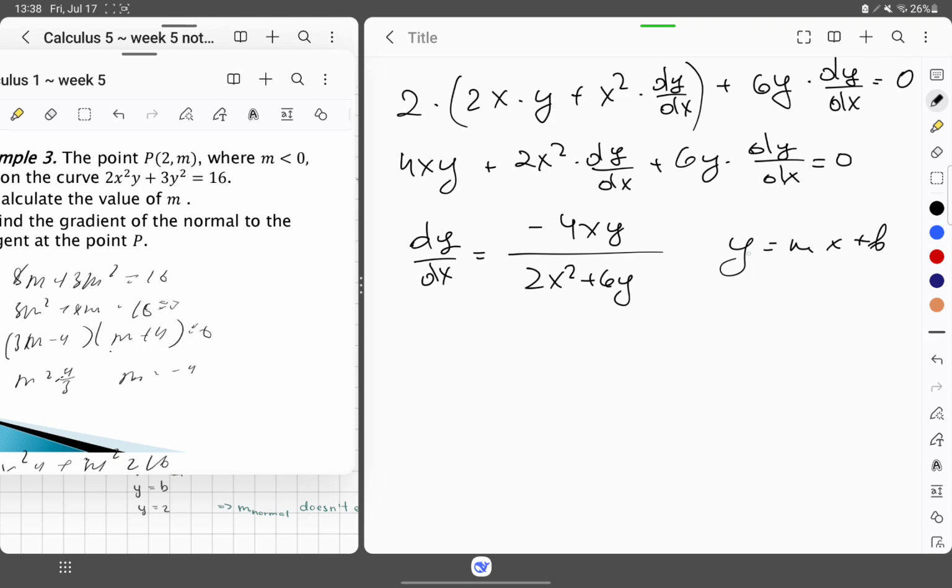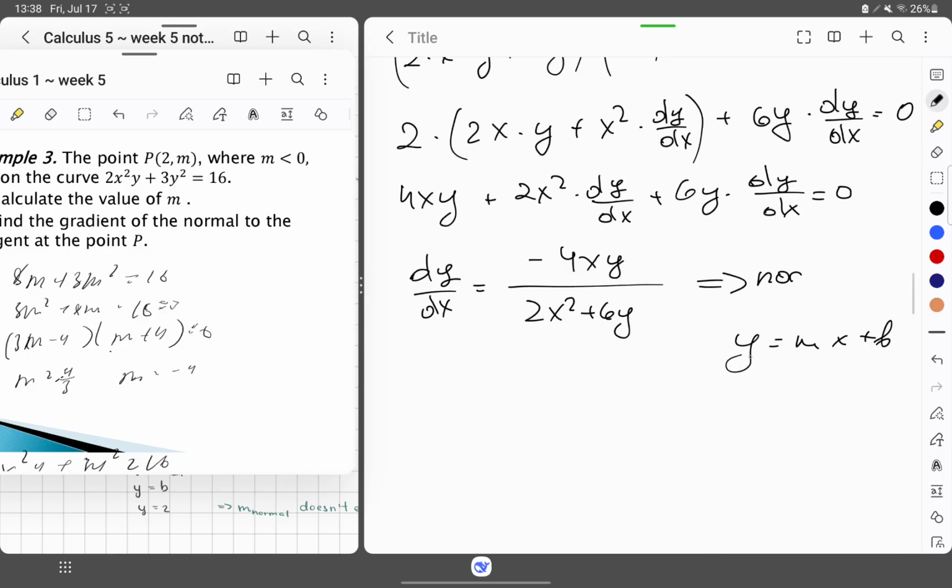Imagine like this. So it is the normal line. If we plug in 2m here, we will get our normal line.